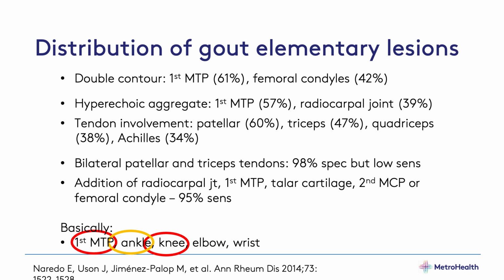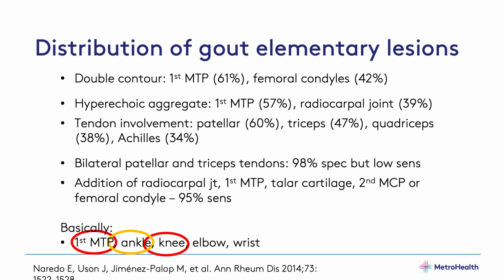So where can we find these ultrasound findings? Here's a study that went through a bunch of patients with gout, as well as a bunch of patients with rheumatoid arthritis, ankylosing spondylitis, or normals, and then did a very structured exam of a large number of joints. And here's the result.